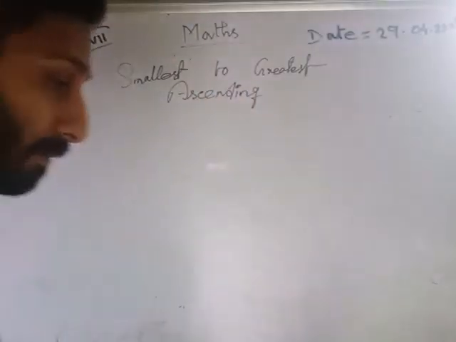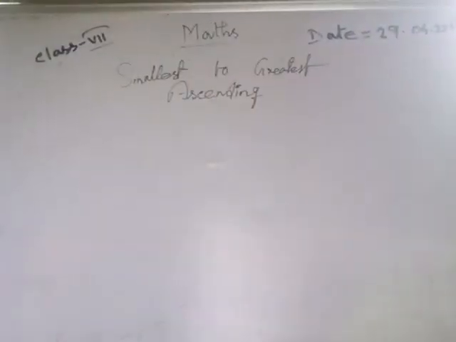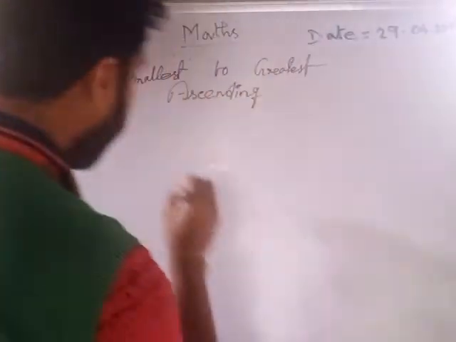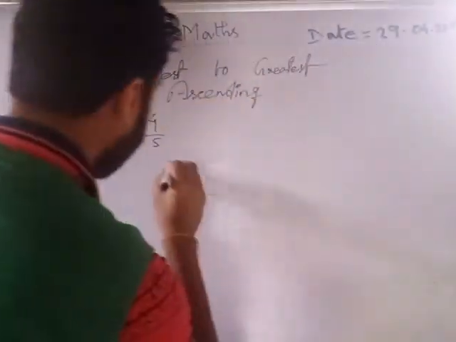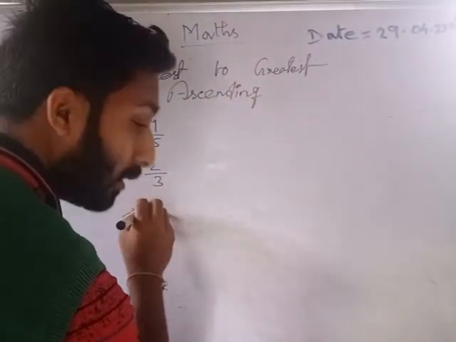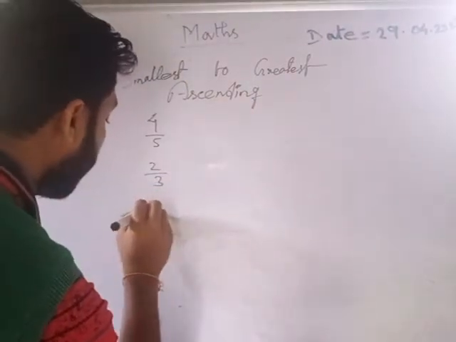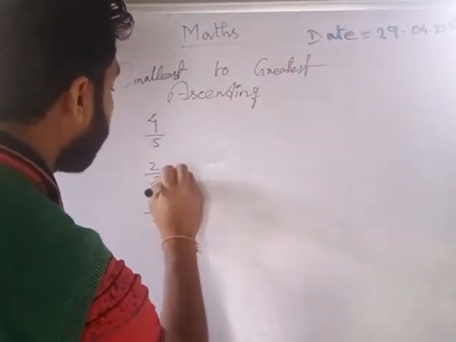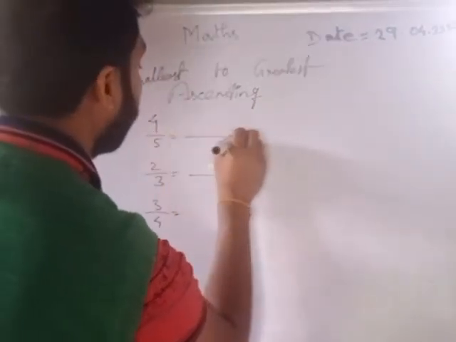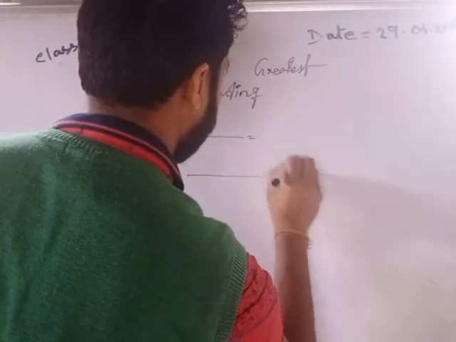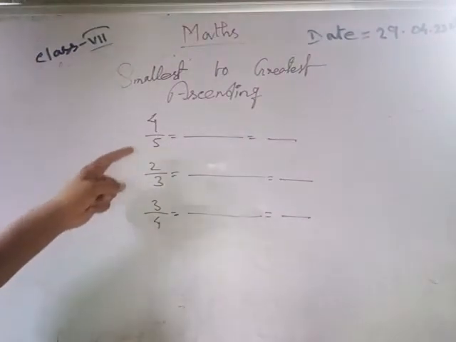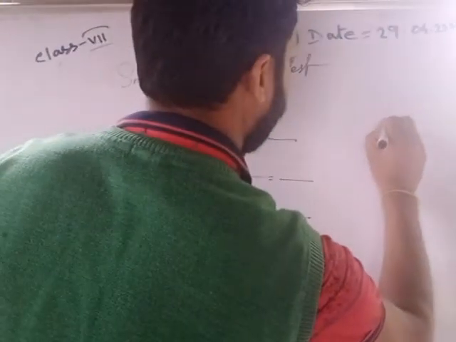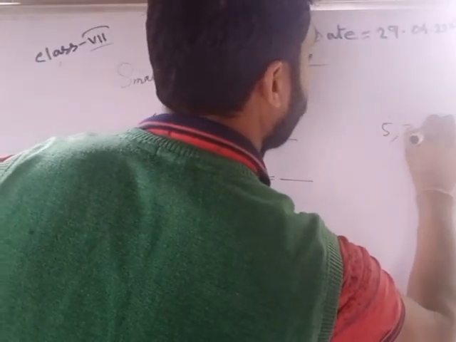Ascending, that means. So how to solve it? 4 by 5, 2 by 3, 3 by 4. At first you should find the LCM of 3, 4, 5.